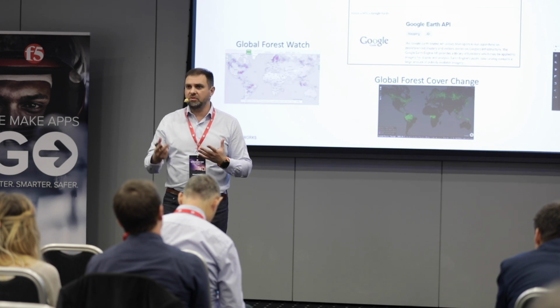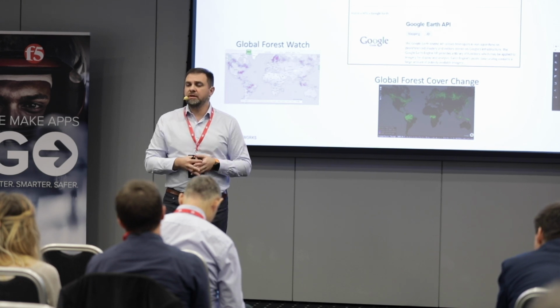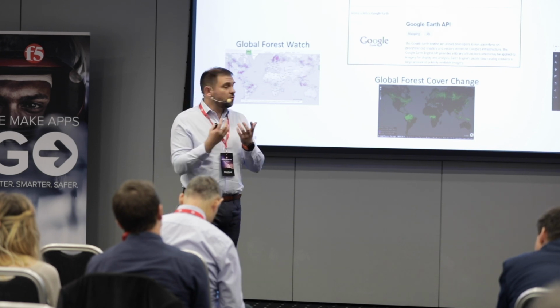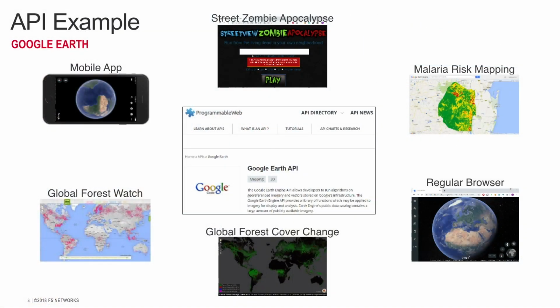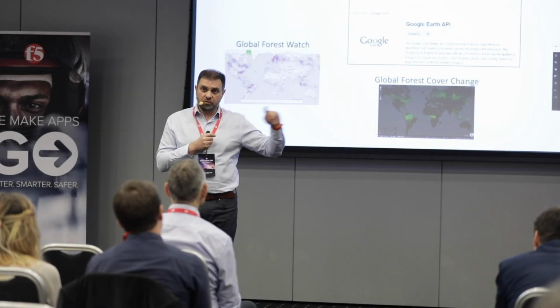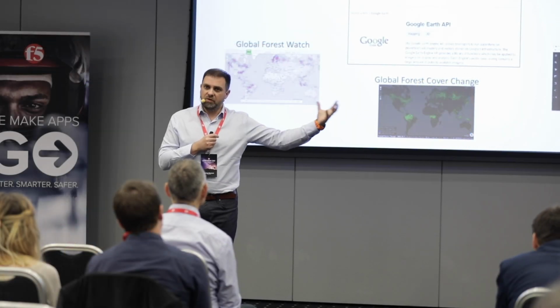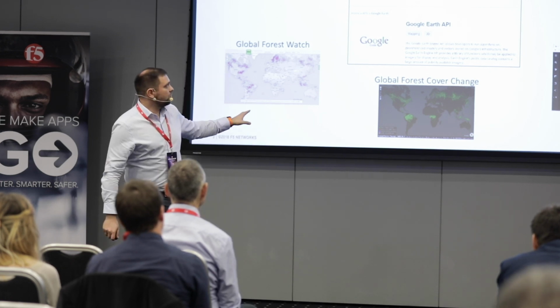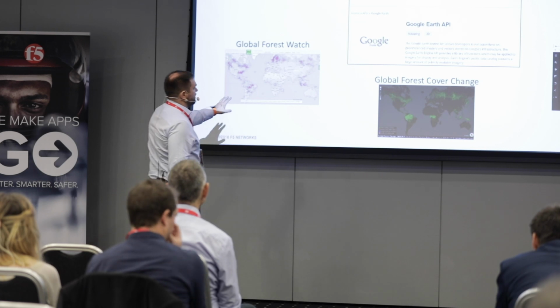You can use it for geolocation. But the reality and the beauty of Google Earth is that it has an open API. So what does it mean for us? It means that we can communicate with Google Earth through the API, and we can leverage the beauty of Google Earth. And I'm just showing you some generic applications.